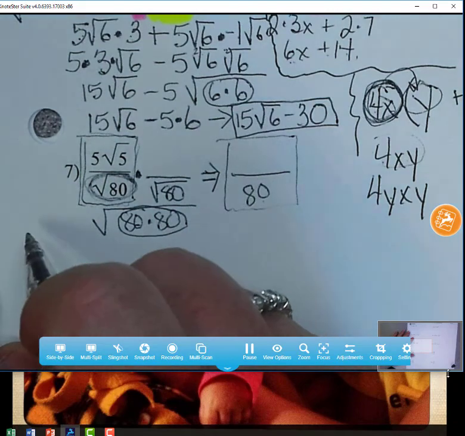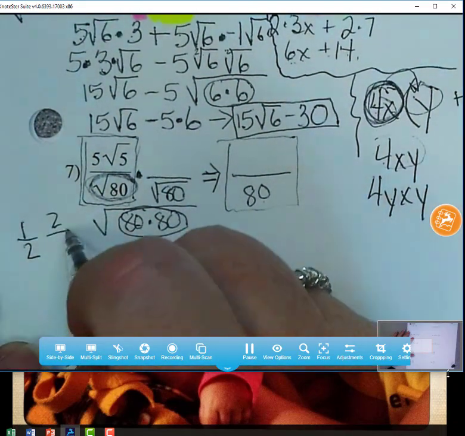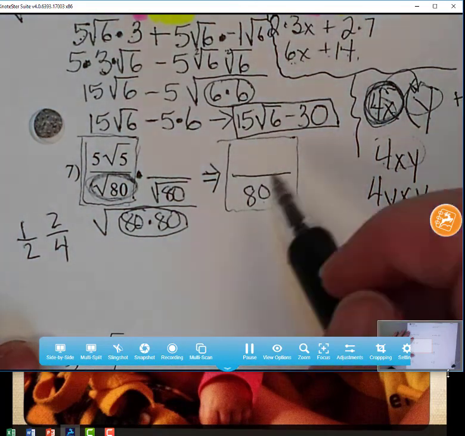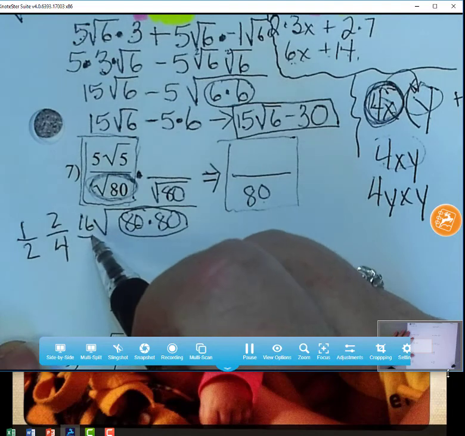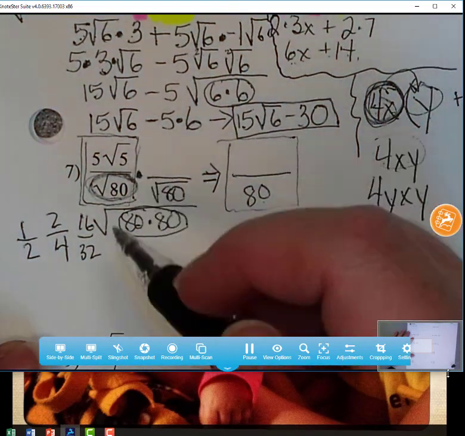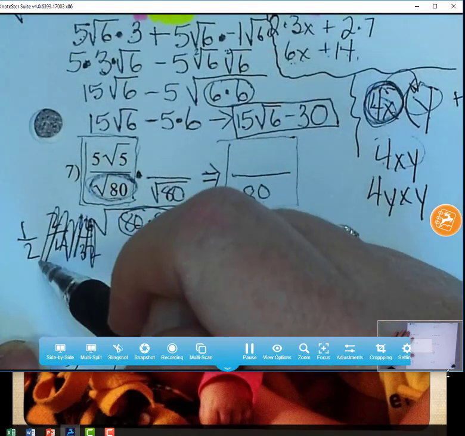Just like if I gave you half of a pizza, if I gave you this much of a pizza, that's the same amount. If I gave you this much of a pizza, that's the same amount. I changed how it all looks, but it represents the same amount.